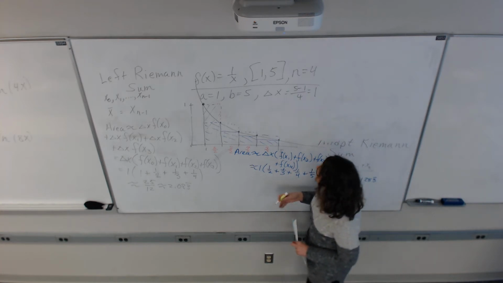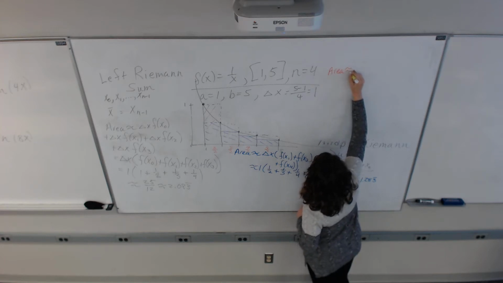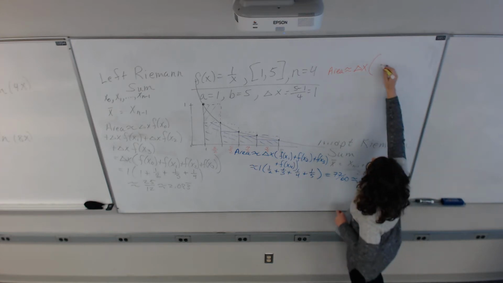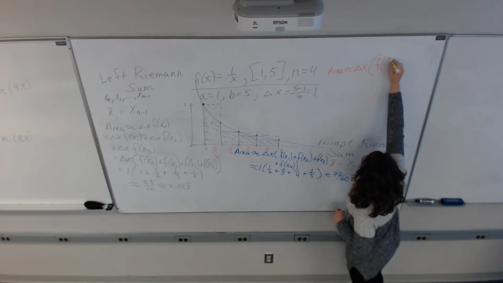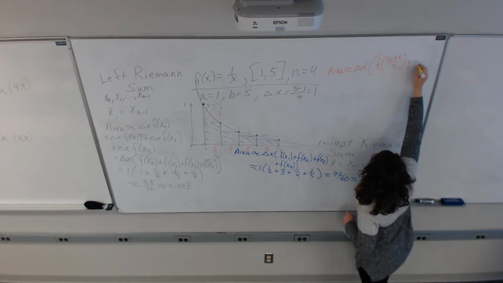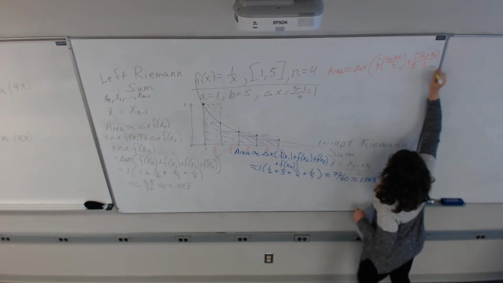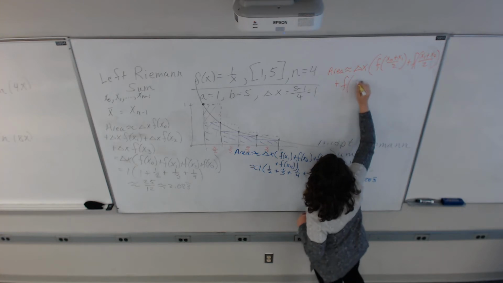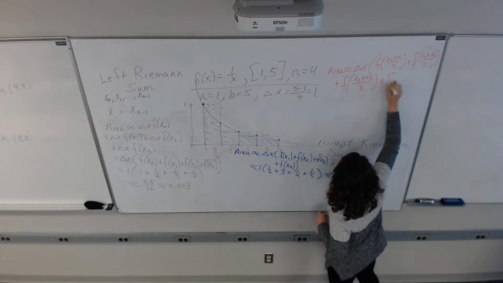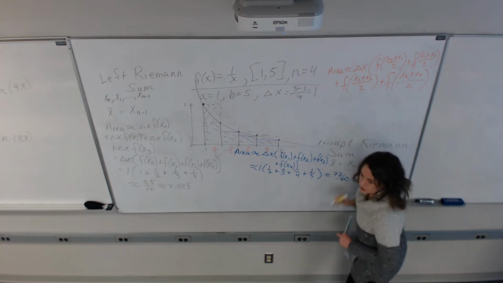So there's a pattern. Now to do the midpoint, my area is going to be about, all of them still have delta x. But now what I have is f of (x0 plus x1) divided by 2, plus f of (x1 plus x2) divided by 2, plus f of (x2 plus x3) divided by 2, plus f of (x3 plus x4) divided by 2.